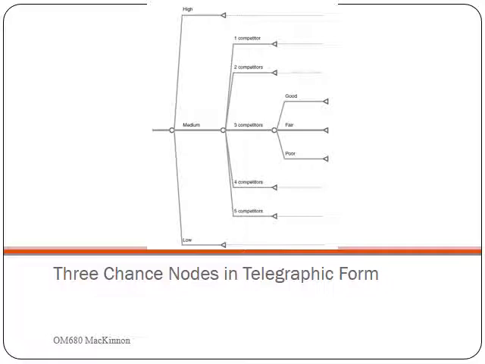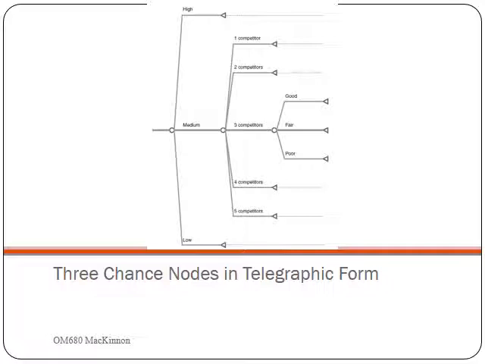These represent uncertainty. We could have one competitor, two competitors, three competitors, and so on. And if we have three competitors, our chances of being successful is good, fair, and poor.